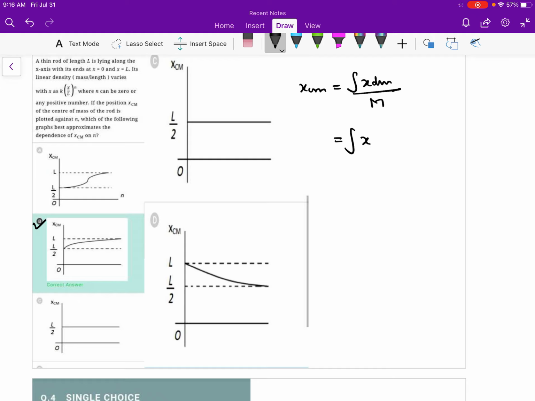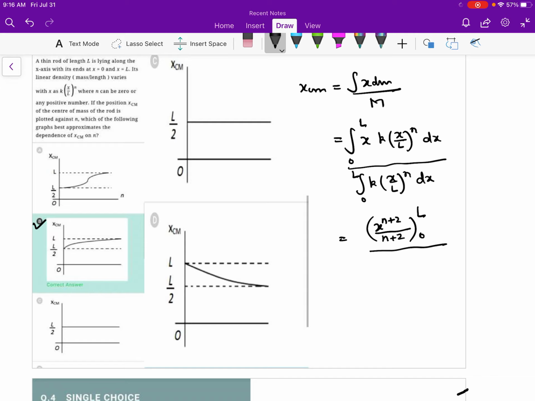Dm is lambda dx, so integration of k (x by L) to the power n times x dx from 0 to L upon integration of k (x by L) to the power n dx from 0 to L. So k cancels out, L to the power n cancels out, and x to the power n plus 1 integrated gives x to the power n plus 2 upon n plus 2 from 0 to L. Similarly in the denominator, x to the power n plus 1 upon n plus 1 from 0 to L. So this is L into (n plus 1) upon (n plus 2), so this is L times (1 minus 1 upon n plus 2).